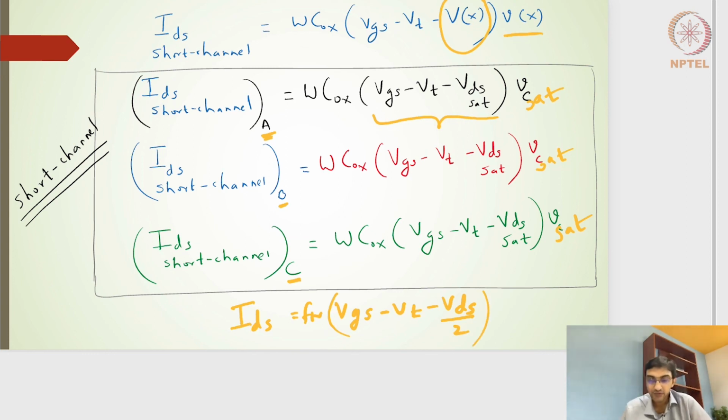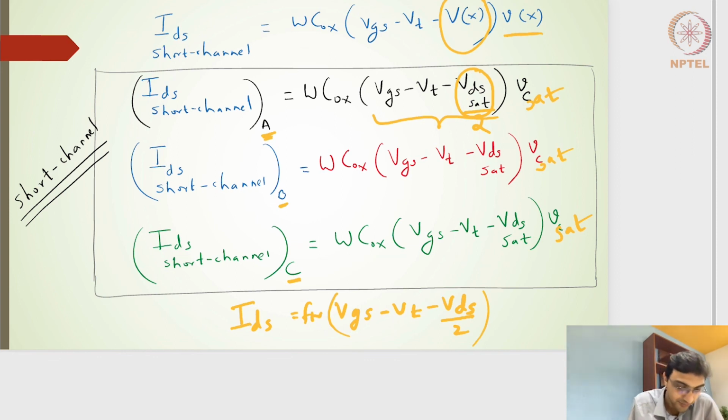And here we have VDS saturation, which is a function of VC and VGS minus VT. So ideally it should have been VDS saturation by 2. If it is VDS saturation by 2, then VGS minus VT minus VDS saturation by 2 will be more than VGS minus VT minus VDS saturation.